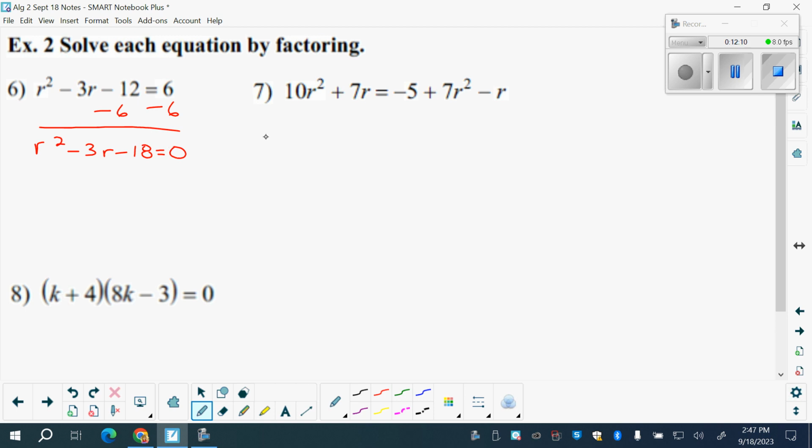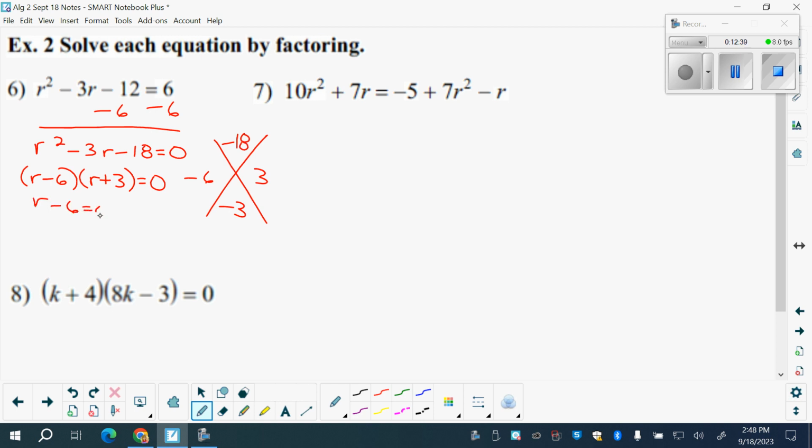We want to factor. We look at what multiplies to negative 18 and adds to negative 3. Negative 6 and 3. R minus 6, r plus 3 equals 0. What next? Yes, we're going to use the zero product property.